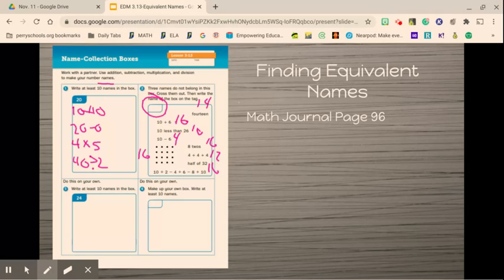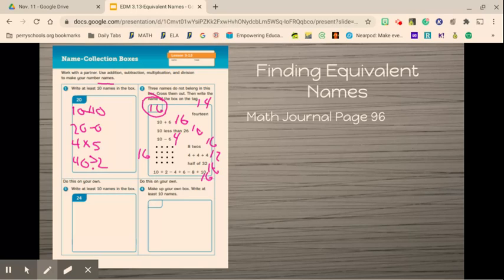Plus 6 is 14. Minus 8, 14 minus 8 is 6, plus 10 is 16. So I'm looking at this and I can see that I have 14, 16, 16, 16, 12, 16, 16, 4, and 16. So I think my number is going to be 16.